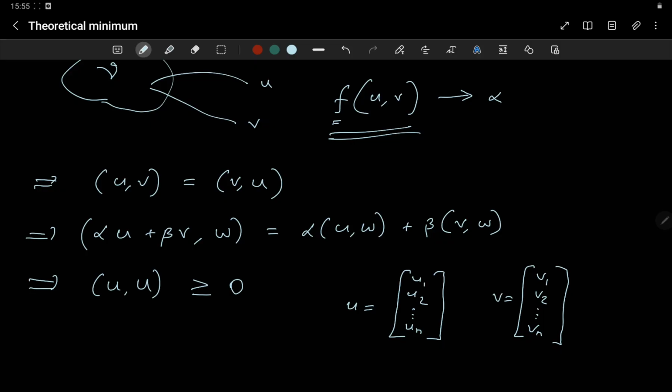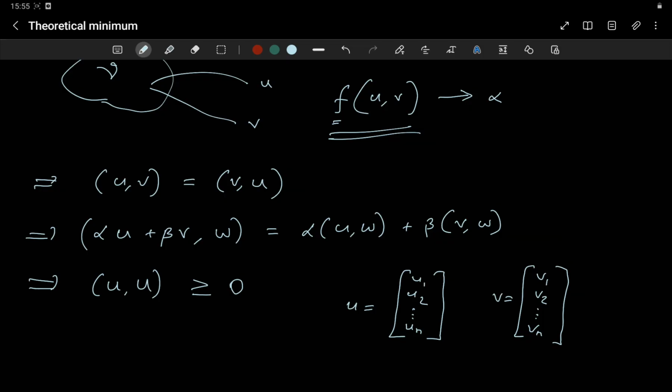What about the third one? Will it always be positive or equal to 0? It will be like u1 square plus u2 square plus u3 square, right? So always positive. And when will it be 0?